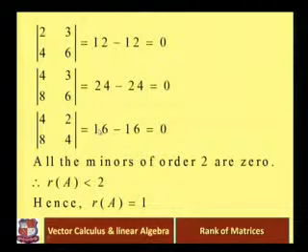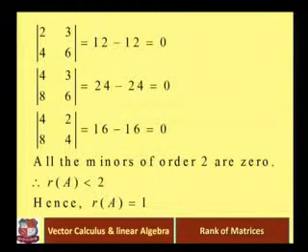So here we observe that all possible 2 by 2 minors of the 3 by 3 matrix are 0. So we conclude that rank of A is less than 2. If we get at least one 2 by 2 minor whose determinant is non-zero, then we conclude that the rank of A is 2.